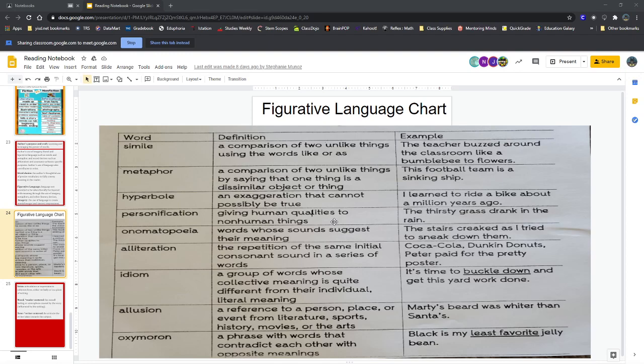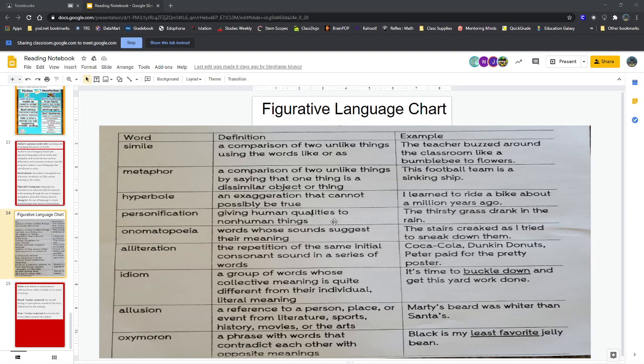No. But when you say it like that, the thirsty grass drank in the rain, your reader will understand that this is grass that's probably kind of dry. It probably really needed the rain because you said that it was thirsty. It wasn't just any grass, it was thirsty grass. So it was probably very dry grass before.